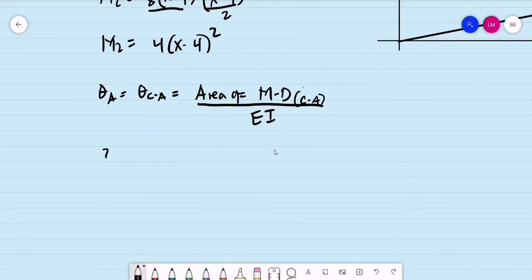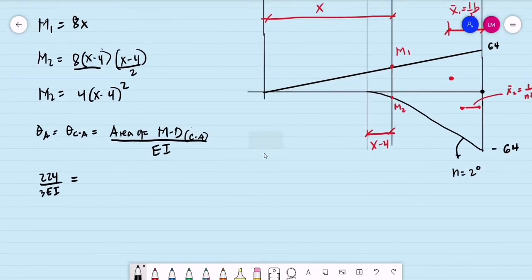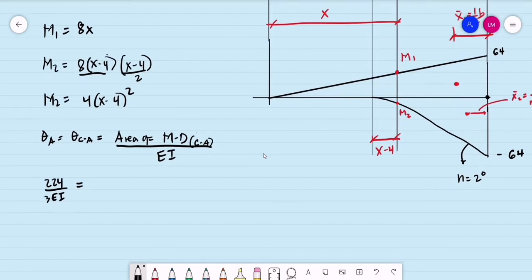So we have this value, 224 divided by 3EI, is equal to the area of the moment diagram from point C to point A. So we have moment number 1, this is equal to 8 times x. Then moment number 2 is equal to 4 times (x minus 4) squared. So all we have to do is compute for those areas.